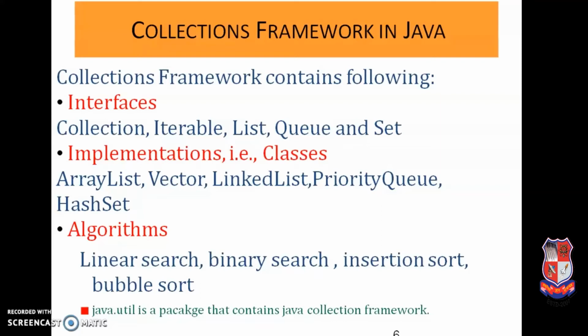The purpose of providing these interfaces is consistency in all implementing classes, and interfaces also ensure that all implementing classes can be used similarly. So by providing interfaces, collection framework ensures interoperability and ease of use. You will use all collection classes in a similar manner. Like if you want to add an element, there is the same method add, which is available in array list, linked list, even in vectors or even in stack.